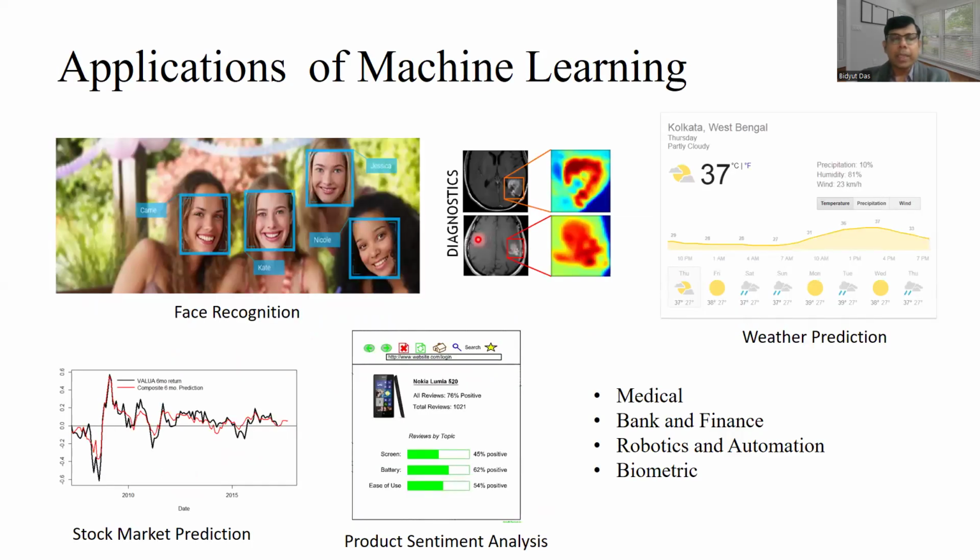Now, what are the applications of machine learning? There are several applications like face recognition, disease diagnosis, stock market prediction, product sentiment analysis, weather prediction, medical, bank and finance, robotics, automation, and biometrics, and so on.